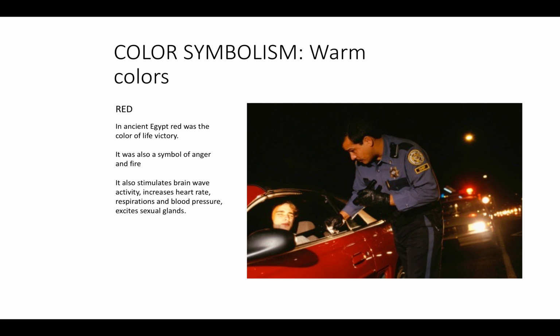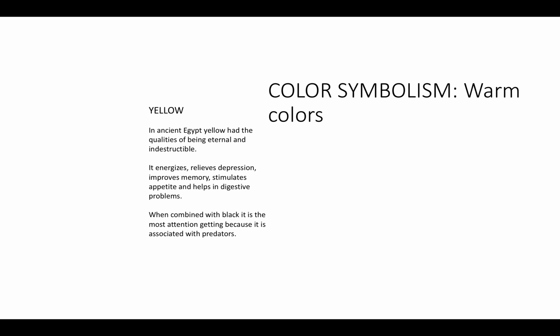You're more likely to be stopped in a warm red car as opposed to a cool red car, like maroon, if you're stopped by the police. But in ancient Egypt, red was a color of life and victory. It's also been a symbol of anger and fire. We usually relate it to stop or danger or something toxic or harmful in some way. Yellow in ancient Egypt had qualities of being eternal and indestructible.